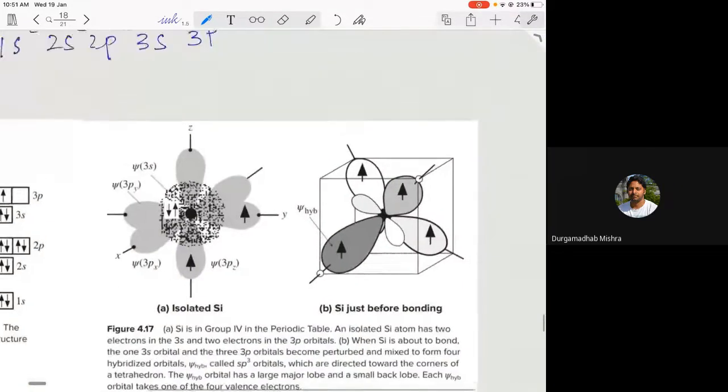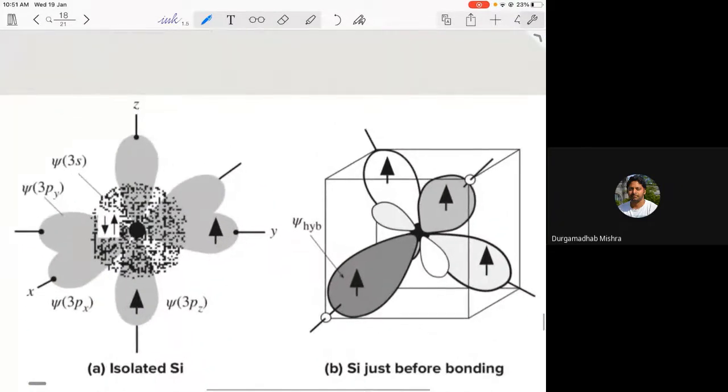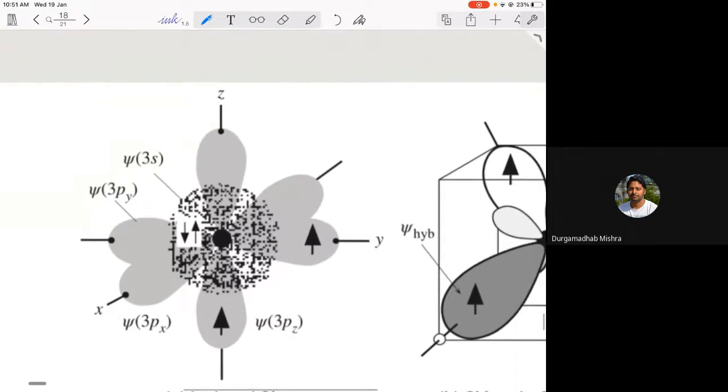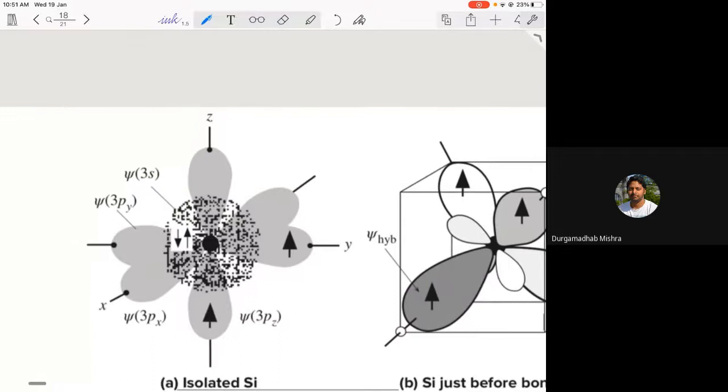So this is what is shown here in the picture. You have an isolated atom with 3s, 3px, 3py, and 3pz, with a certain angular probability distribution.